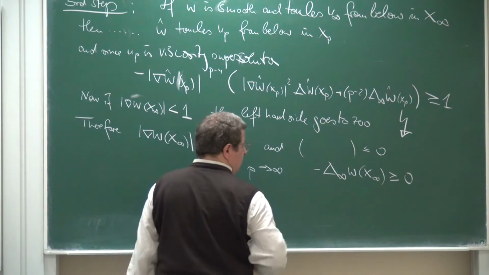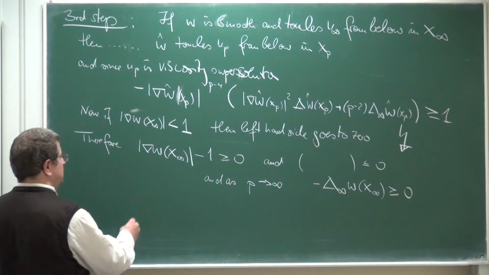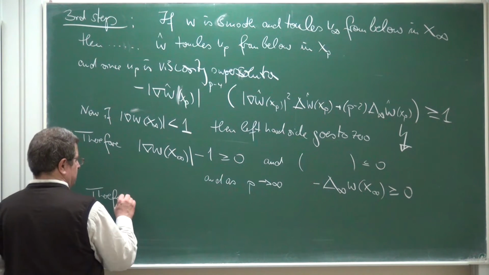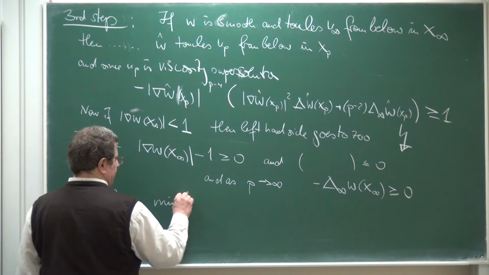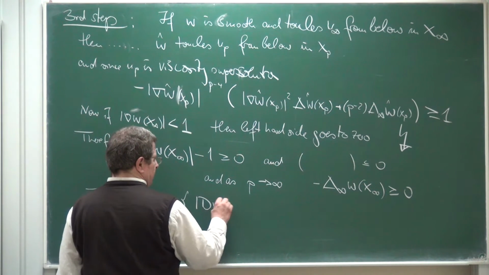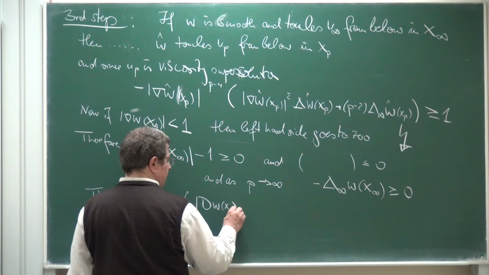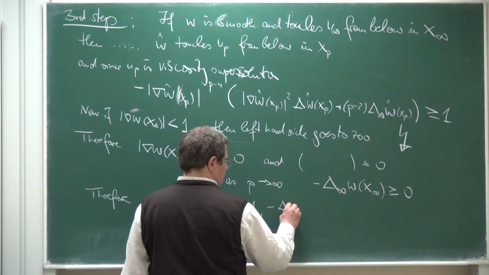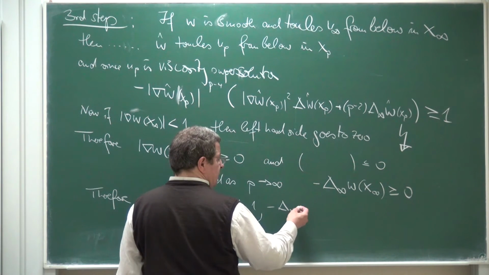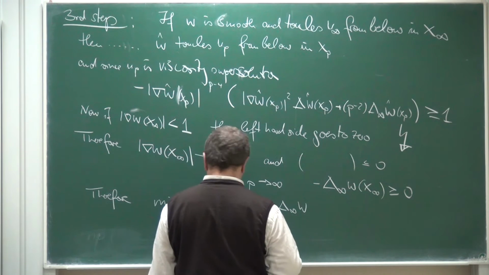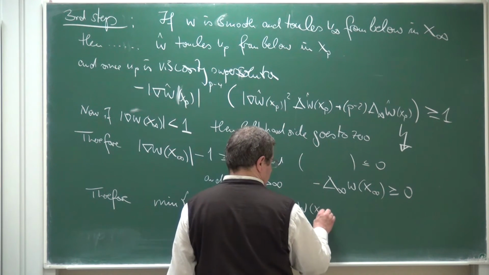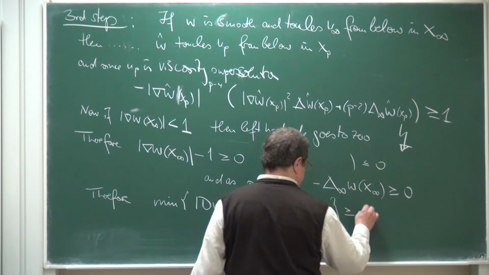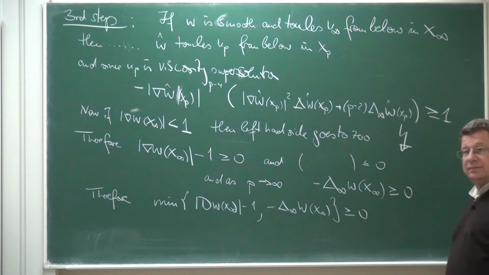So they are both greater or equal to 0, and therefore the minimum of the gradient of W in x infinity minus 1 and minus the infinity Laplacian of W in x infinity is greater or equal to 0.